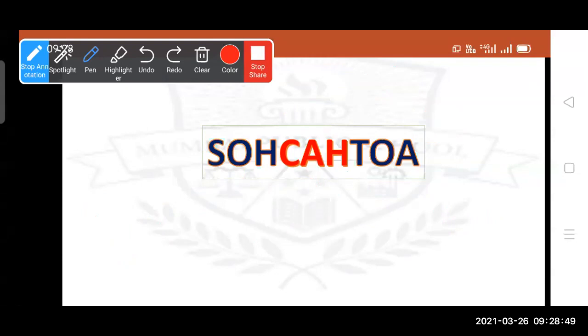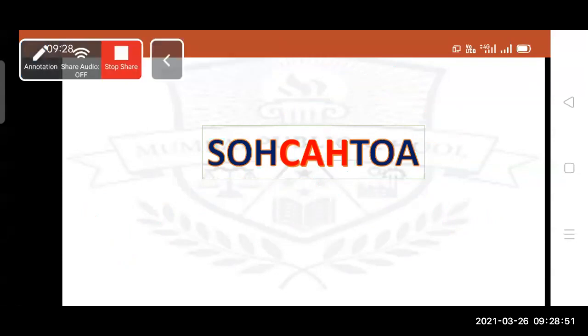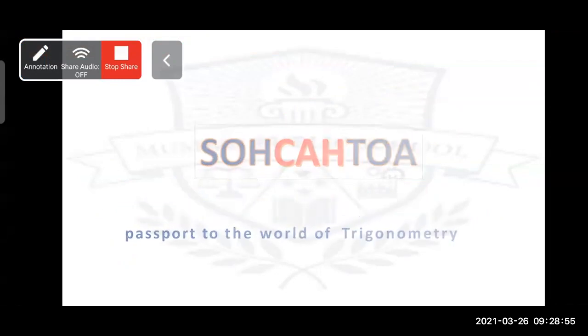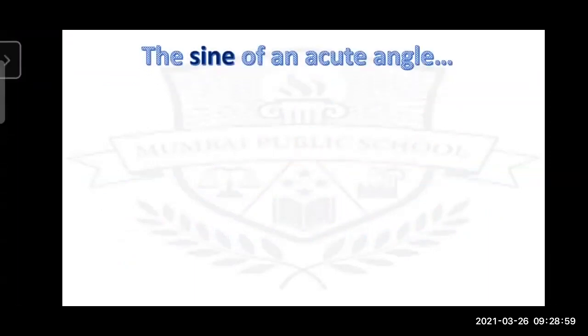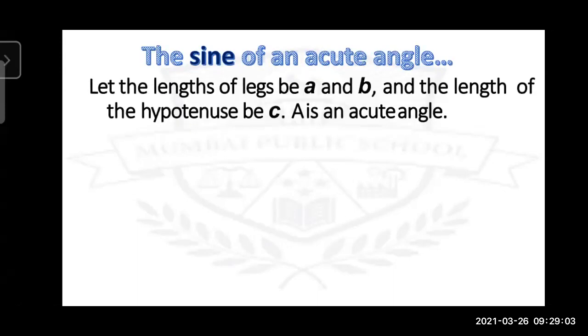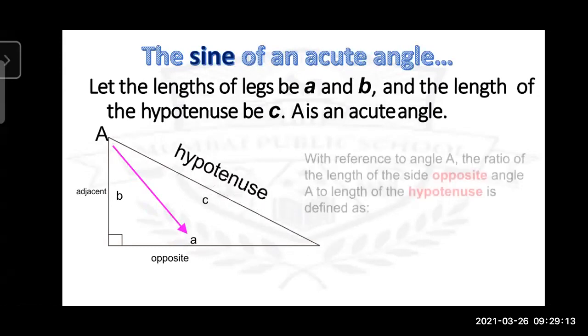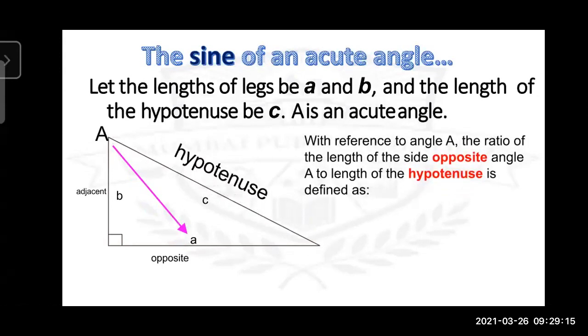Okay, now here we find sine of an acute angle. Here is triangle ABC. So see in the figure, ABC is the triangle.